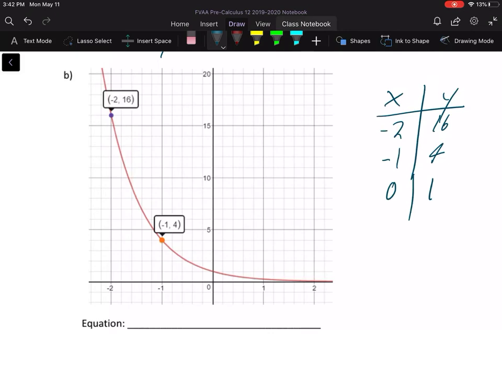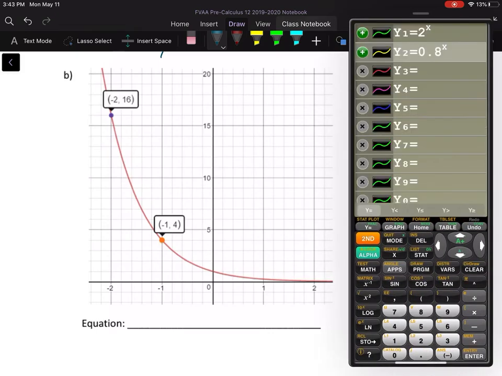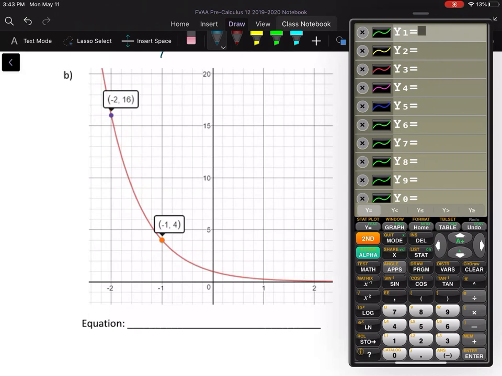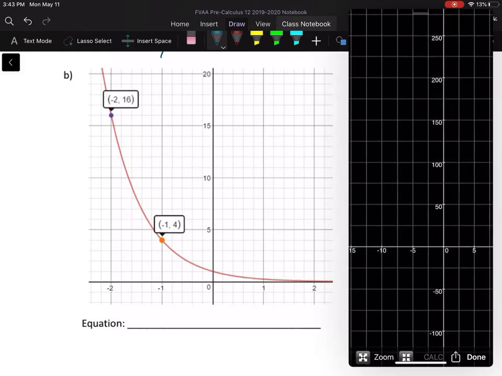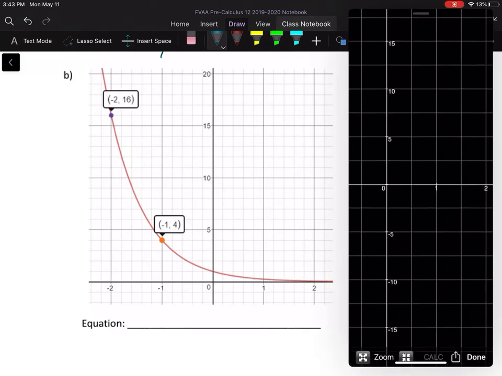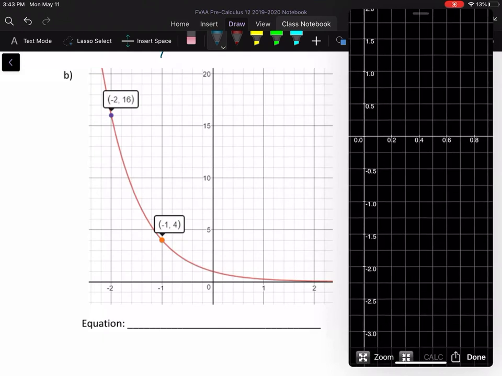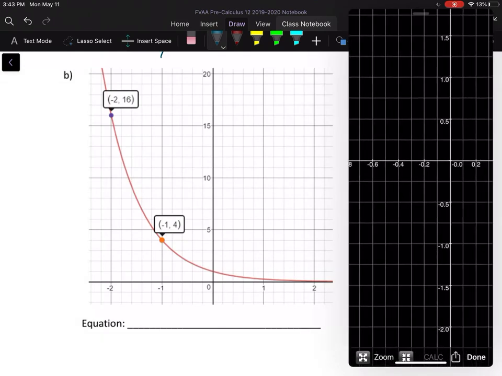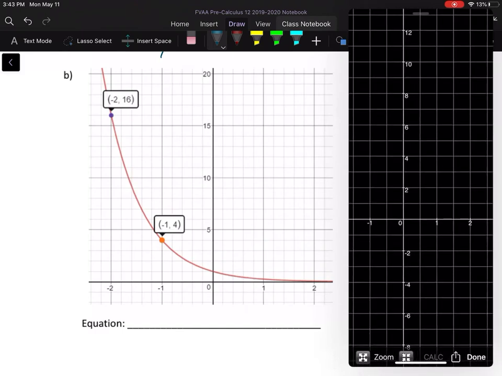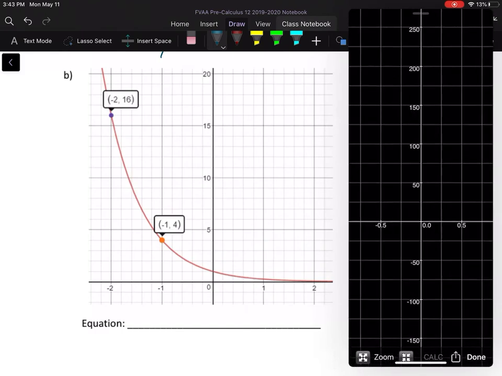Would it be a negative? Having a negative c value is a little bit weird. I just want to show you guys what that kind of looks like here. If I said I had -2 to the x, and I tried to graph that, you're going to have a hard time graphing an equation like this, because I don't know if you can see the lines dancing up and down here, because it's going to go back and forth so much.